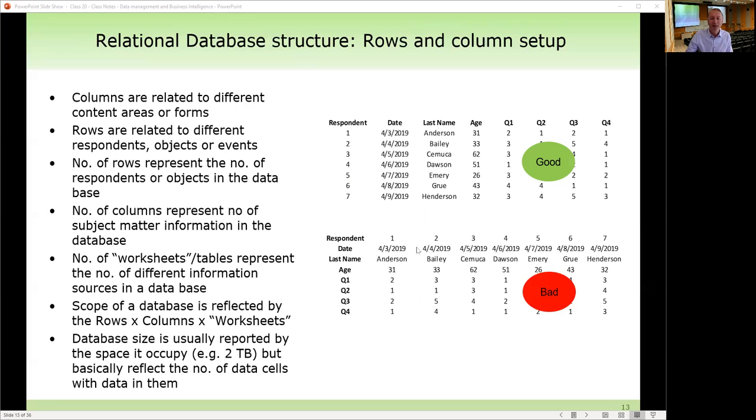So it's listed in the wrong dimension, right? The respondent, date, last name, age, and Q1, 2, 3, 4 should be listed as columns, not as rows. So this one, in order to fit into a database, needs to be transposed, where the columns become the rows and the rows become columns.